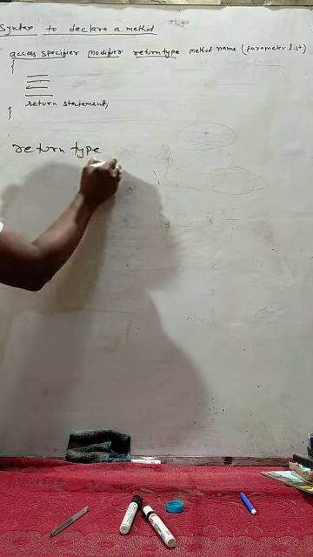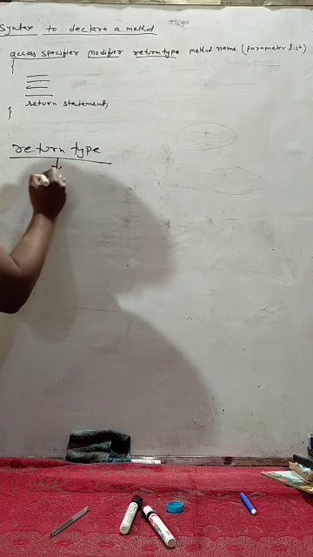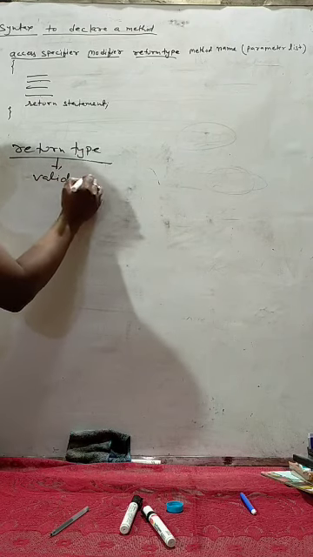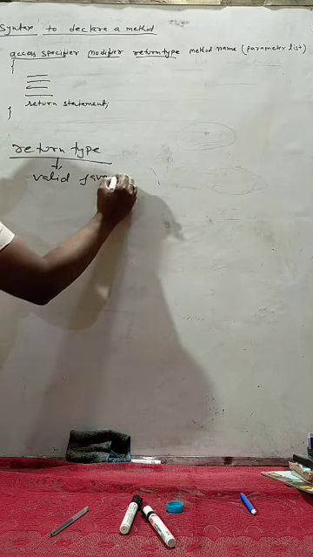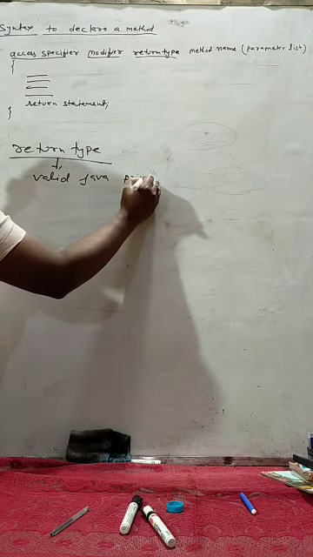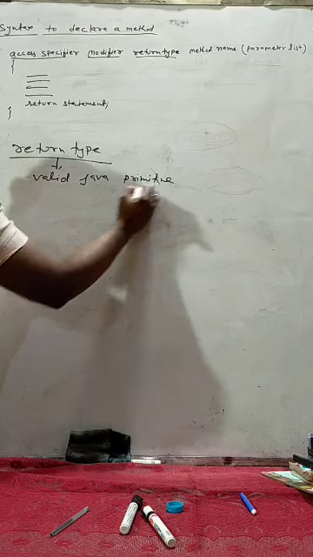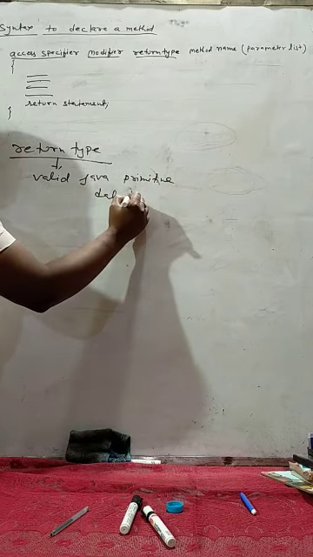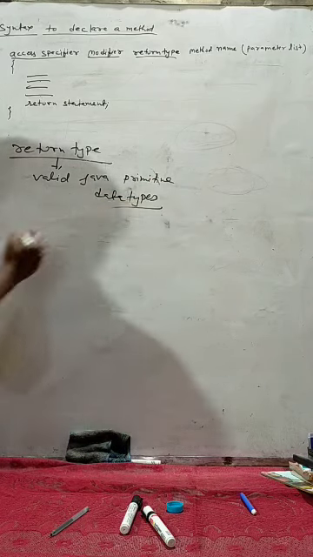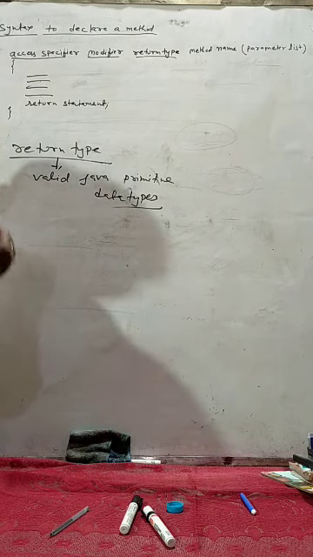Next, very important, return type. This is a valid Java primitive data type.